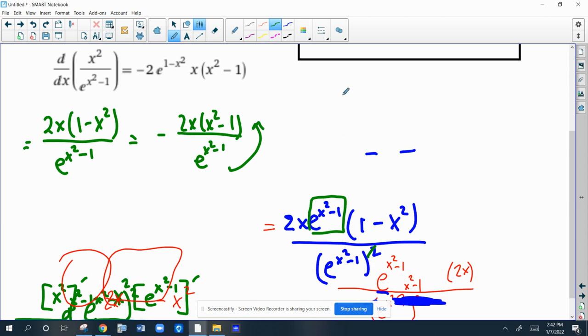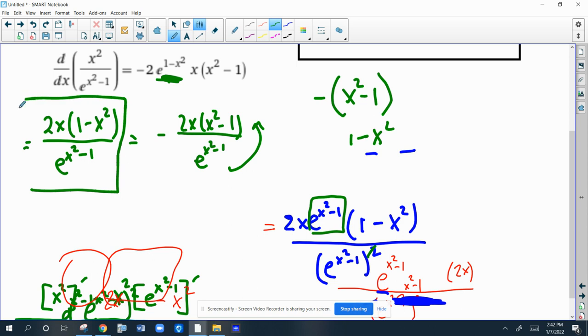So since the exponent was x squared minus 1, when you bring it up, it becomes negative x squared minus 1, which would be 1 minus x squared. That's where that came from. So that looks perfect. Again, this answer was perfectly fine. It's nice and simplified, but you may see other versions of the answer.